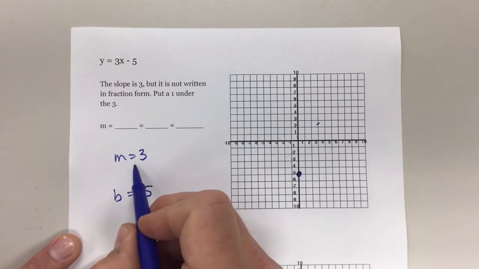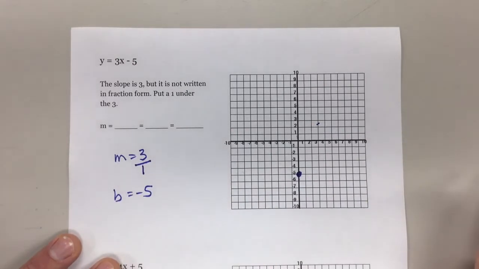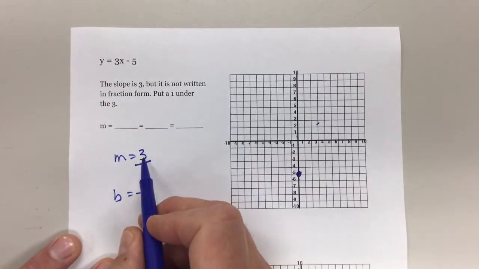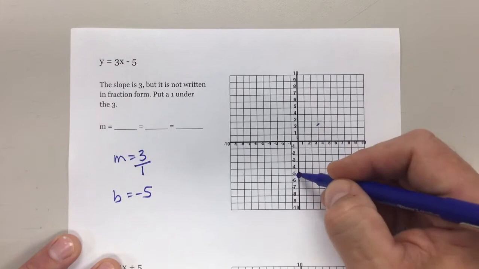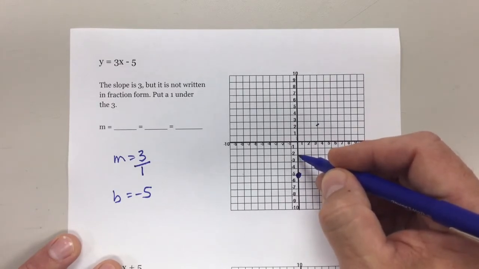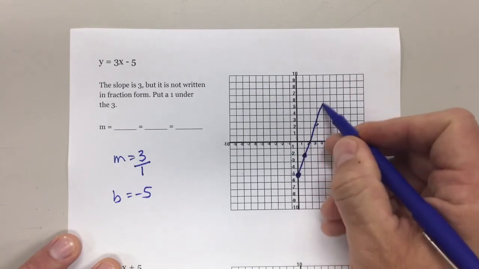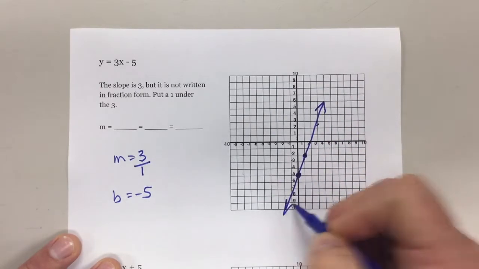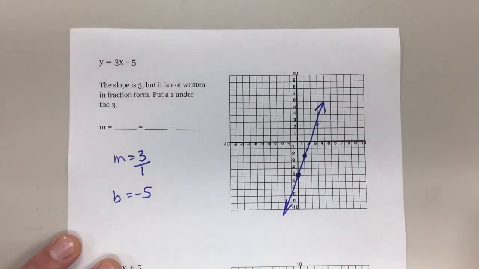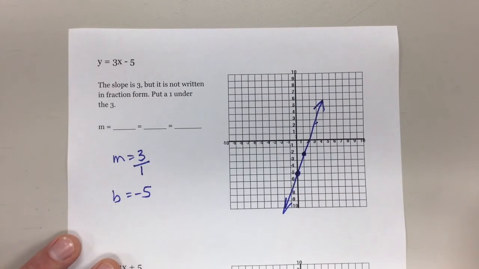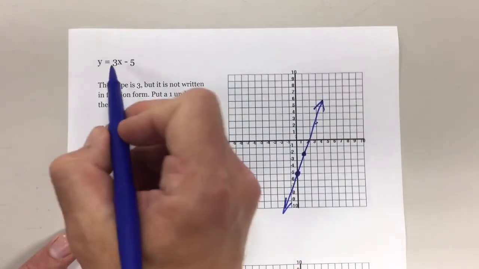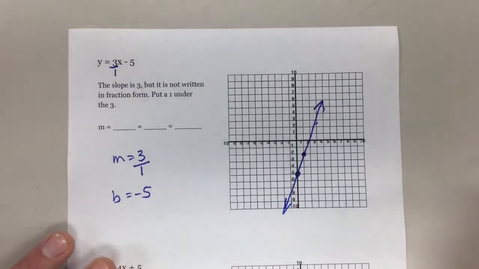And if it's a number, all you do is put that number over 1. So the top number is 3, so I'm going to go up 3. 1, 2, 3. And the bottom number is 1, so I'm going to go over 1. Connect the points with arrows. That's my line. And if you want, you can put the 1 right under the 3 in the equation, if that helps.